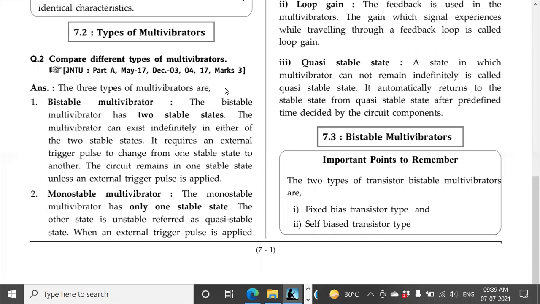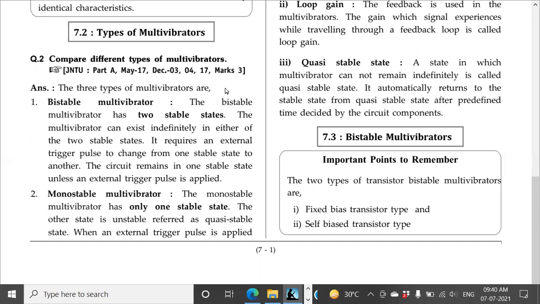Now if you trigger it, it will go to, for example, let us take that the stable state is low. If you trigger it, it will go to the high state, remain there for some time, and again come back to the low state. It will not remain indefinitely in its quasi stable state.